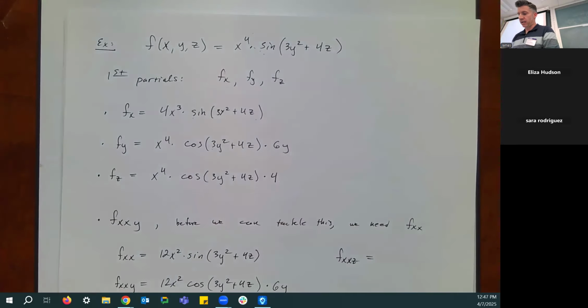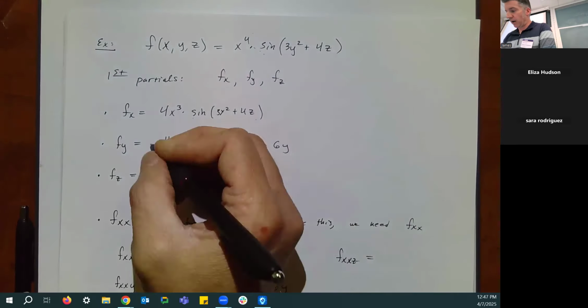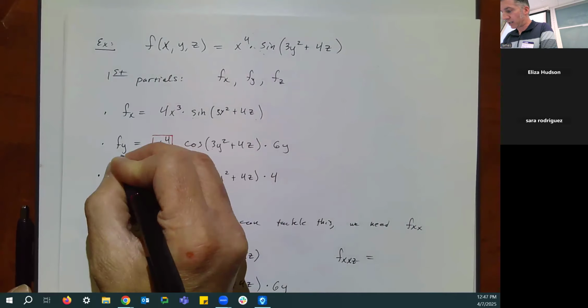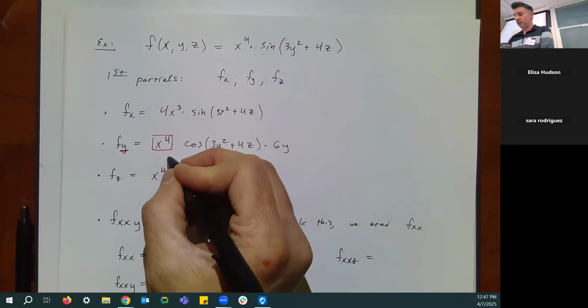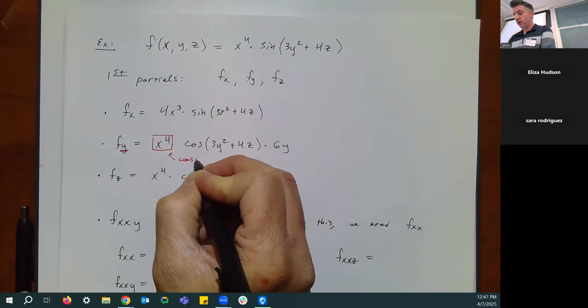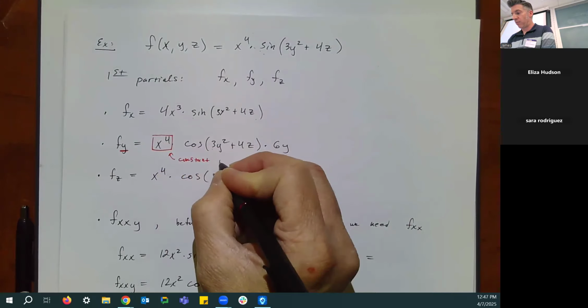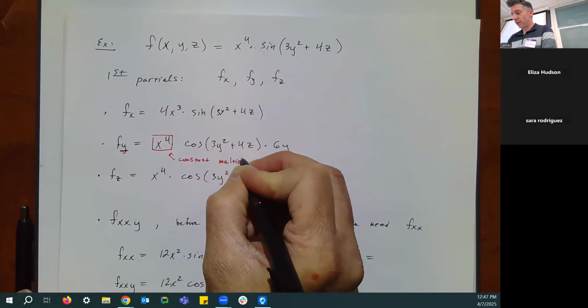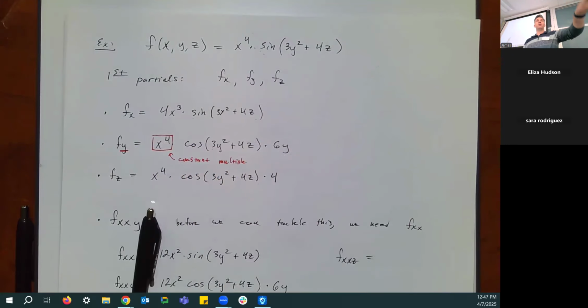So this x to the fourth here, as far as y is concerned, that's just acting like a constant. But I should be more explicit, a constant multiple. And as I've frequently said today, constant multiples hang out. They don't change, but they don't go away. Right, it's a multiple of something that has our variable in it. Yeah. You're welcome.